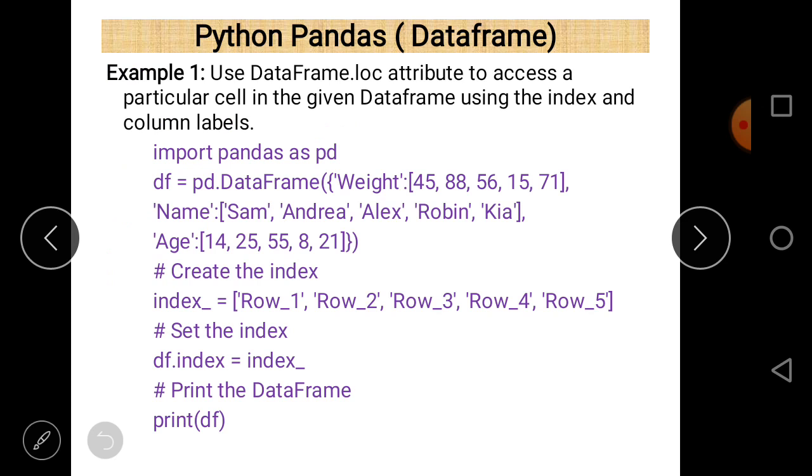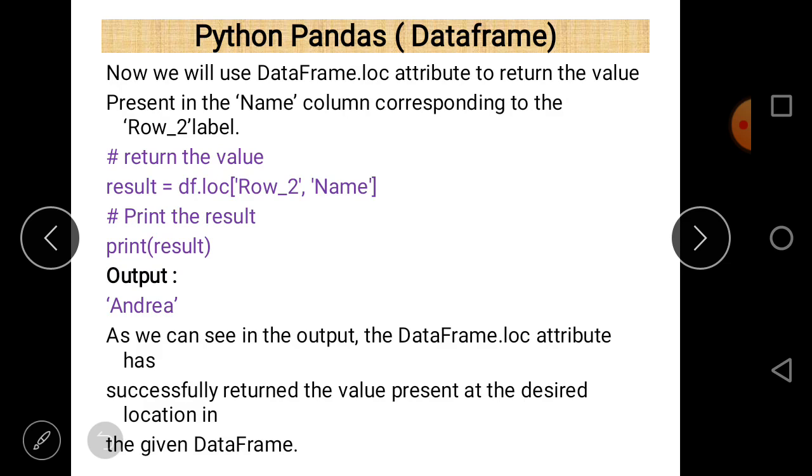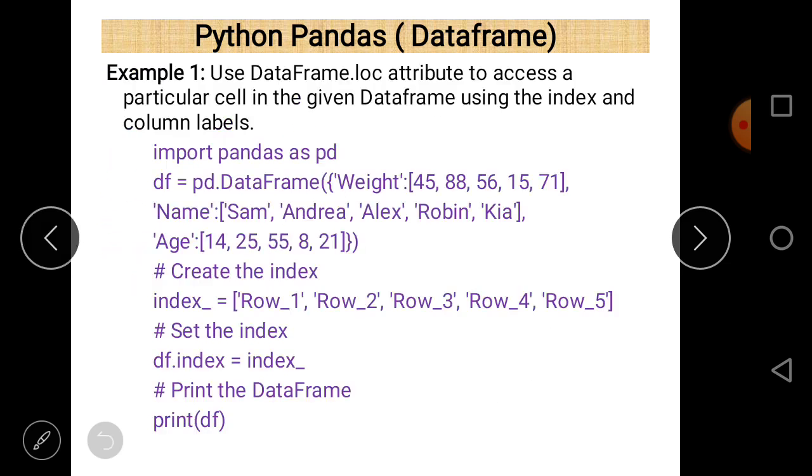Here we can see that name appears first, then age, then weight, but in the original data frame, when we execute the statement or program, age is the first column, name is the second column, and weight is the third column, which differs from the original data frame, because in the original data frame used in this program, weight is first, then name, and then age.